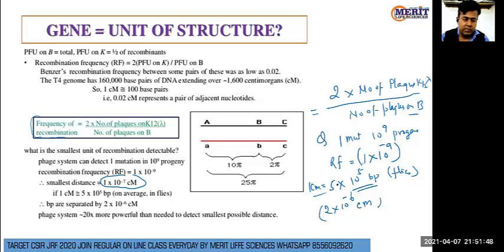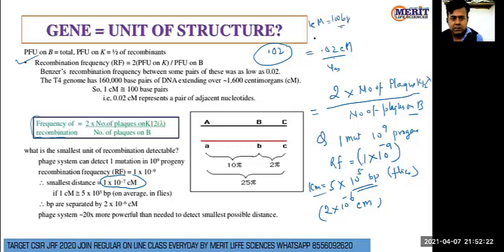So you can easily detect the possible distance. For example, in the calculation, recombination frequency is 2 PFU on K, PFU on B, and suppose Benzer's recombination frequency is 0.02. So tell me, is this equivalent to 0.02 centimorgan? Yes. And 1 centimorgan is how much base? This is 100 base pair.